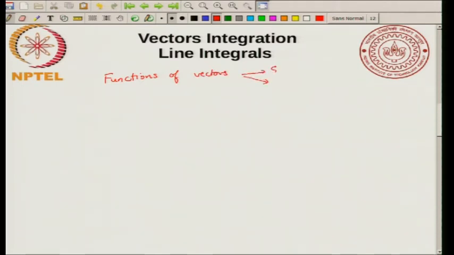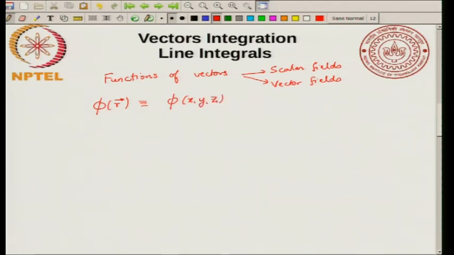One was what are called scalar fields, and the others were vector fields. A scalar field is, for example, phi of R, which is equivalent to phi of x y z. That is a scalar field.